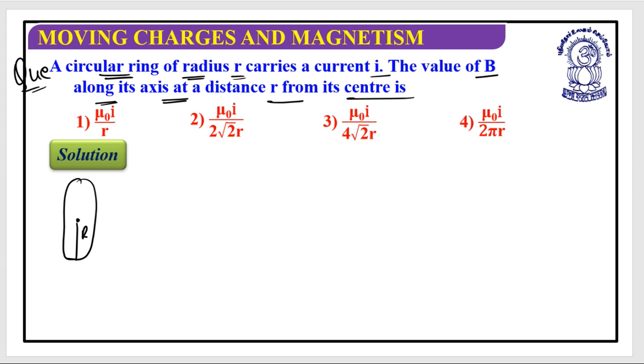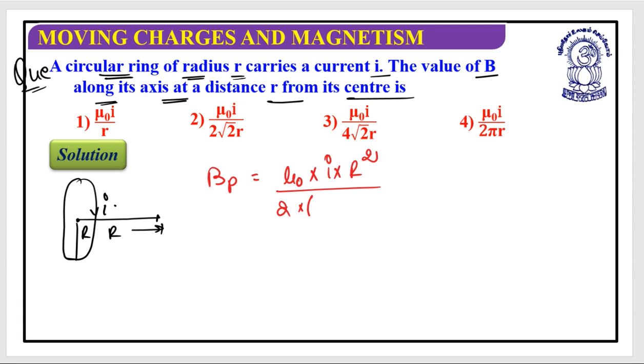This is r and current I is flowing through it. Along its axis at a distance r from its center, the magnetic field at point P is mu naught I r square divided by 2 into bracket r square plus x square to the power 3 by 2.